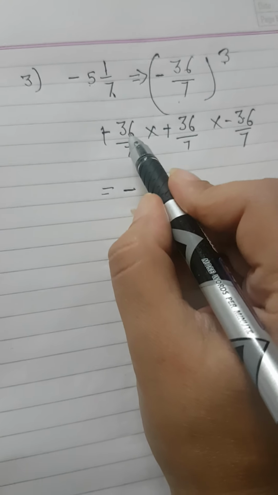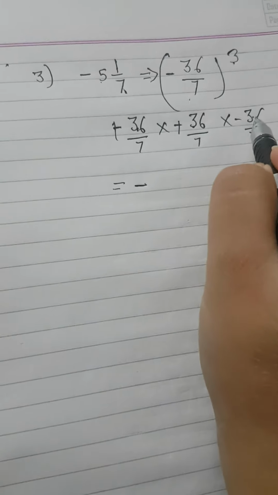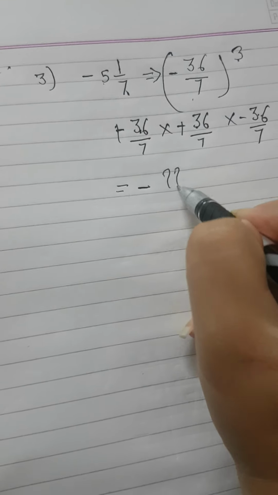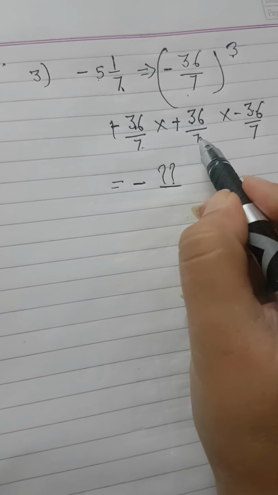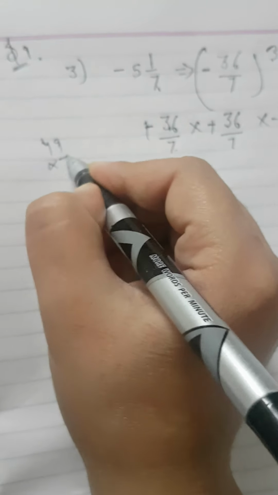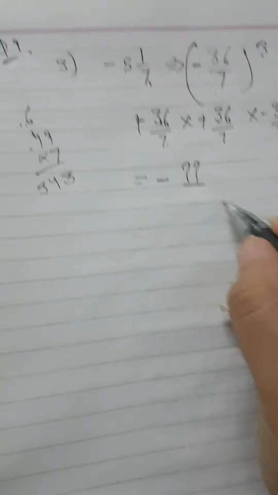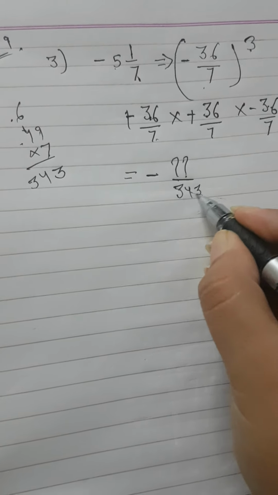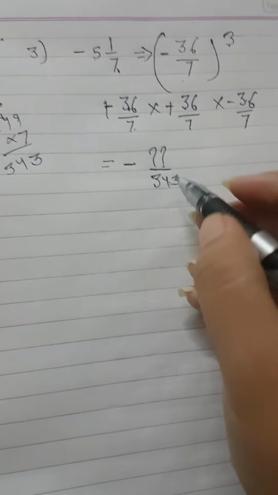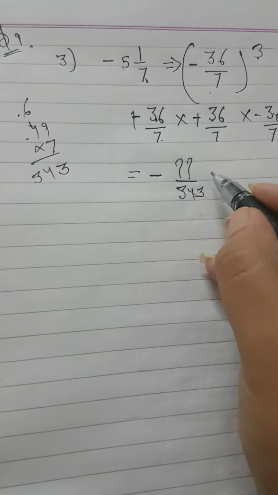Now you will multiply 36 into 36 into 36. Whatever comes will be your answer. Similarly, 7 7s are 49 and 49 into 7: 7 9s are 63, 7 4s are 28 and 6 is 34, so 343. The numerator you multiply yourself, it's a big multiplication. Once you multiply you will get the answer.